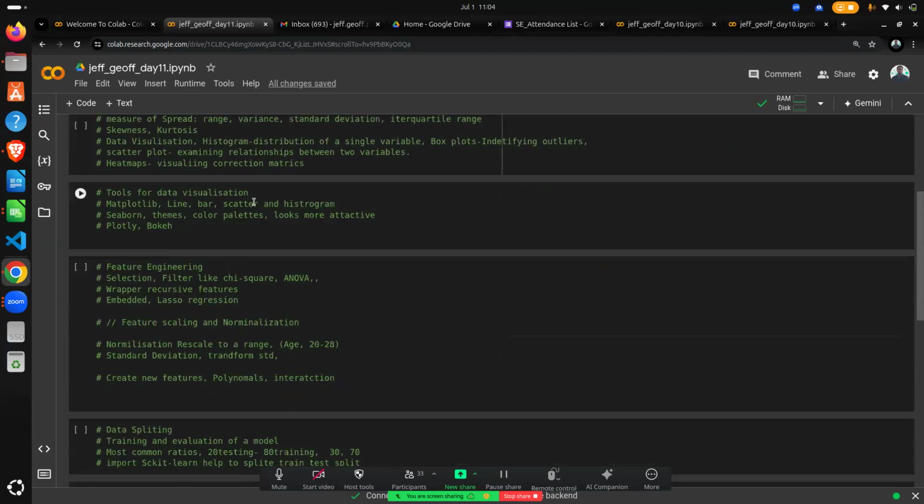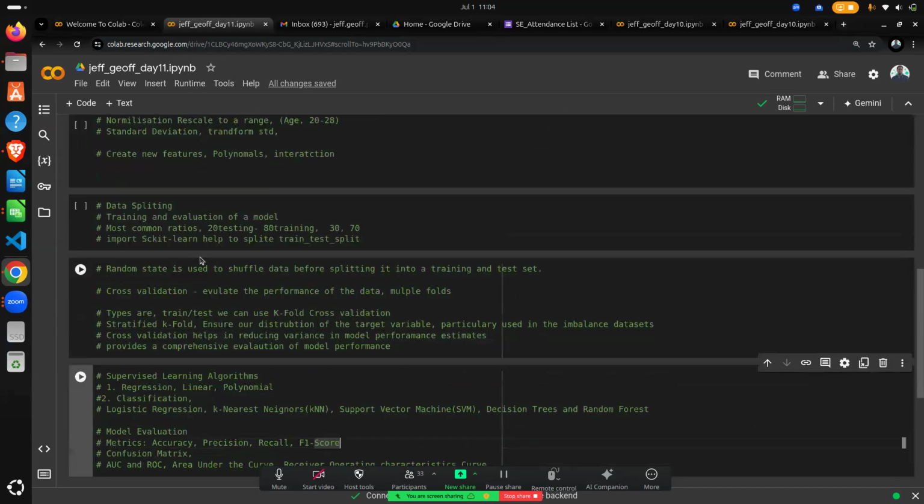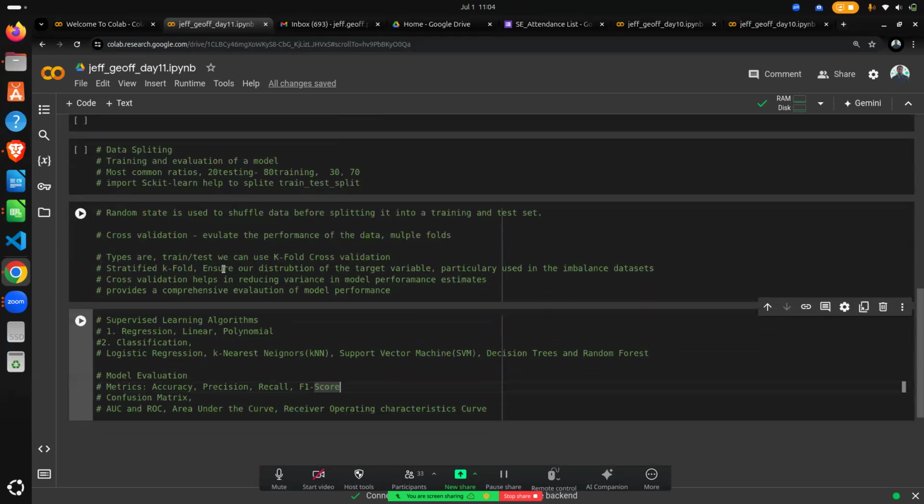Exploratory data analysis, you have some graphs, you need to do some feature extraction, normalization of your data, splitting of your data, random state, stratified, and then you pick the machine learning algorithm, test them, and then you do model evaluation. And then you come up and make a conclusion statement about that. Any question on machine learning and any question on supervised learning?